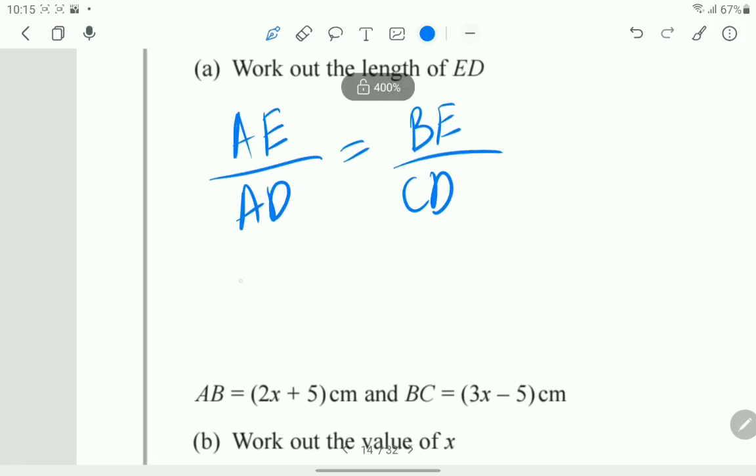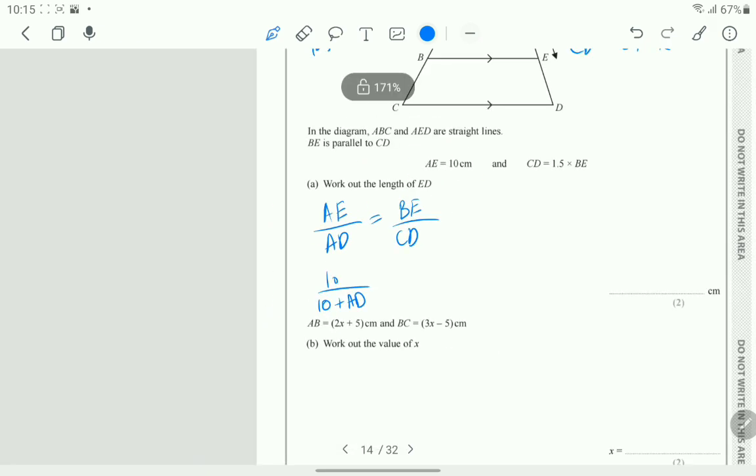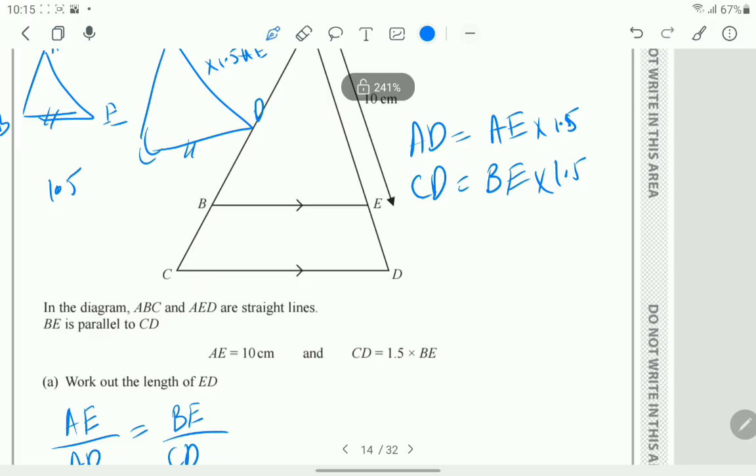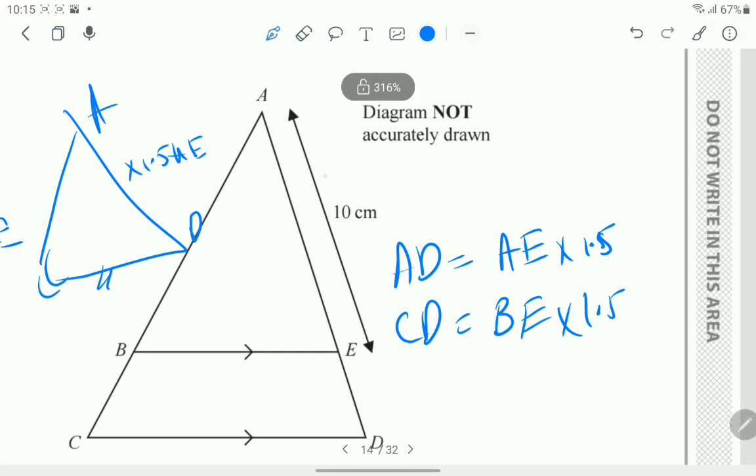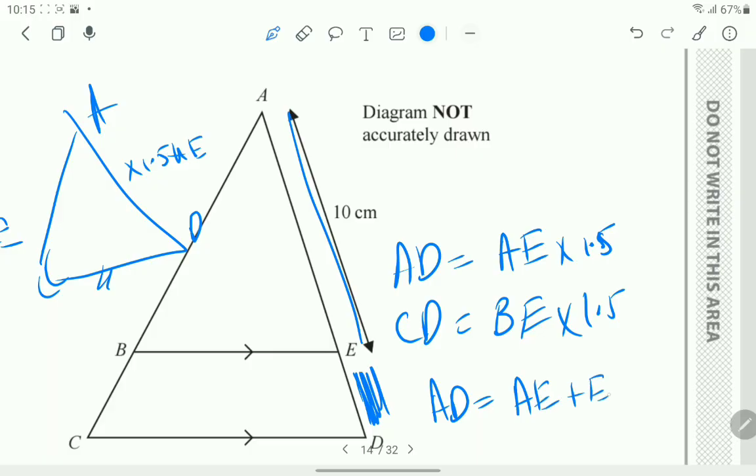If we expand them, we know that AE equals 10 and AD equals 10 plus ED. Why I say that is because AE is 10 centimeters, and as an extension of that we get ED. So AD equals AE plus ED.